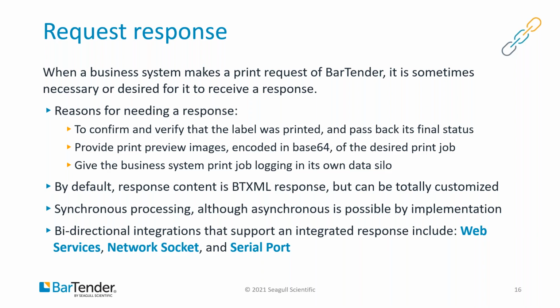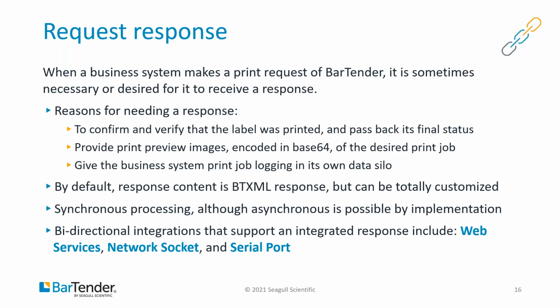First is to confirm and verify, for example, if you're printing a label, the success or failure of that print job, to give that status, that verification, so that the business system knows what the response was, what the result was. If the request was for a print preview, then the response could contain images of the print job preview for the business system to either display to a print operator or to perhaps log in its own for its own purposes.